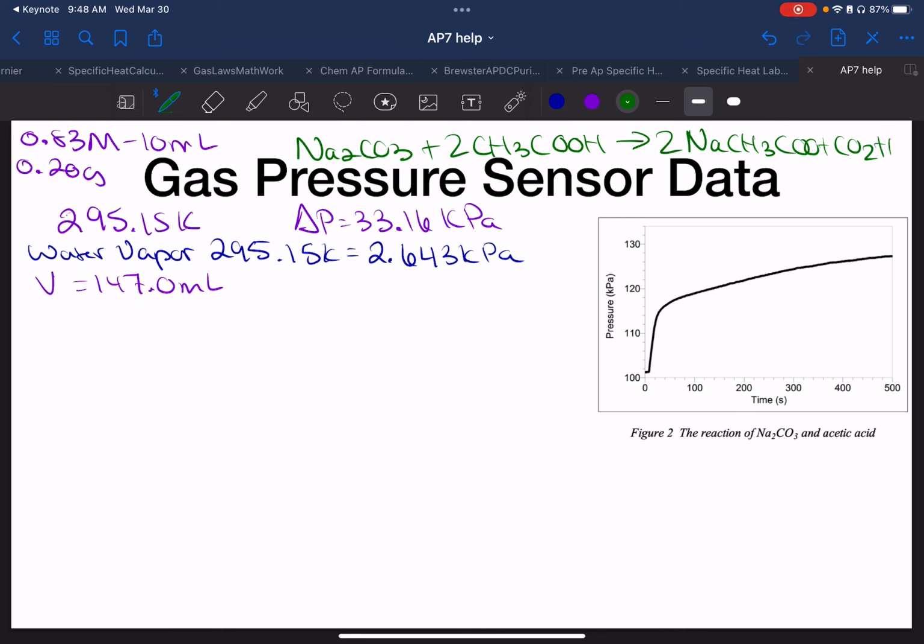I'm going to run out of room here, so you can refer back to your pre-lab. The theoretical amount of CO2 produced is based on the molar amount of Na2CO3.